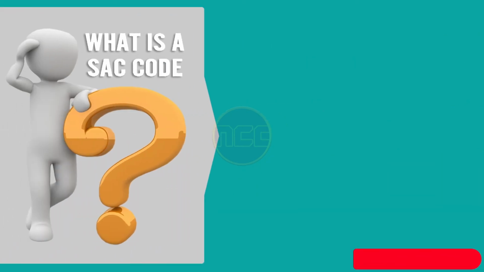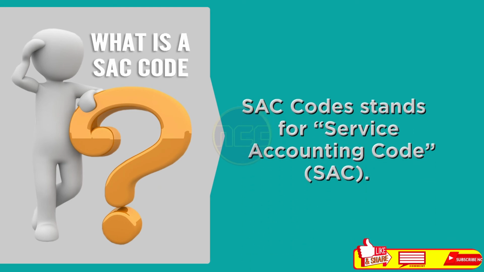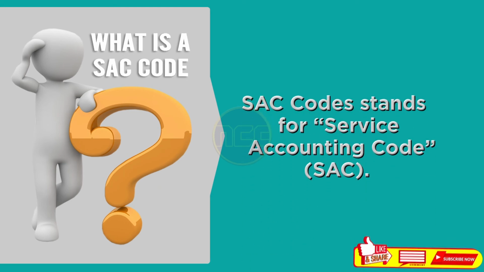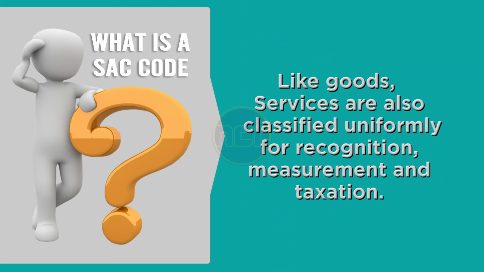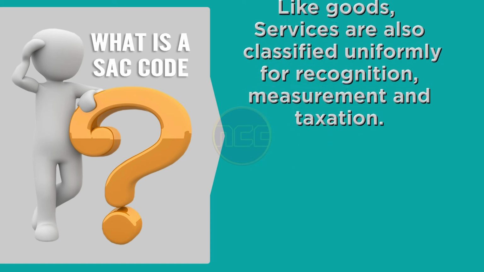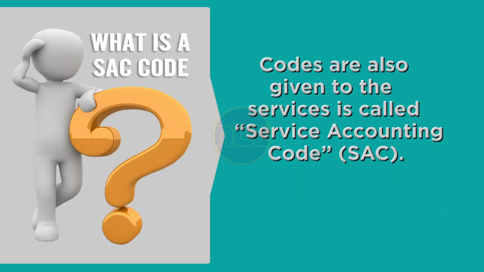Let's explain what is the SAC code. SAC code stands for Service Accounting Code. Like goods, services are also classified uniformly for recognition, measurement and taxation. Codes are also given to the services, called Service Accounting Code.